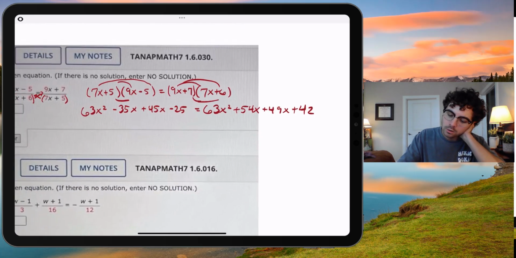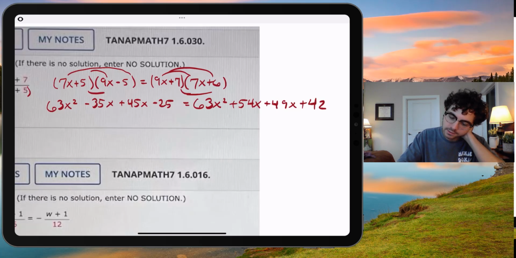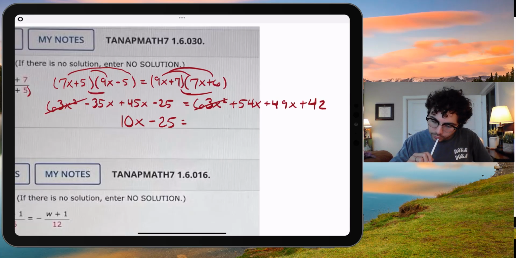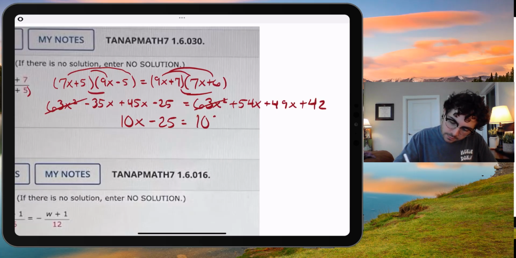Okay. What can we do? Well, we can subtract the 63x squareds off both sides. Now I'd probably just start chipping away. Negative 35 plus 45 is 10x minus 25. 49 plus 54, that's 103. Yeah, 103x plus 42.